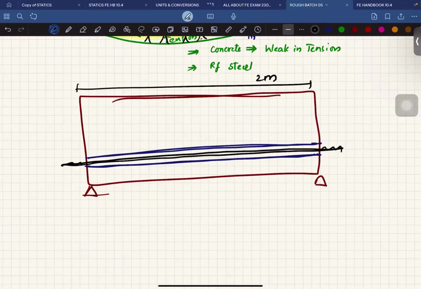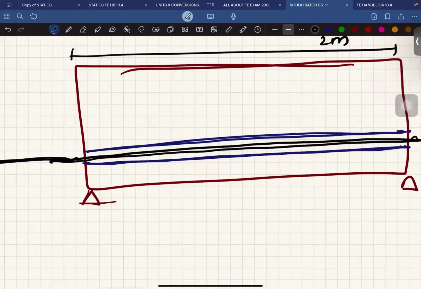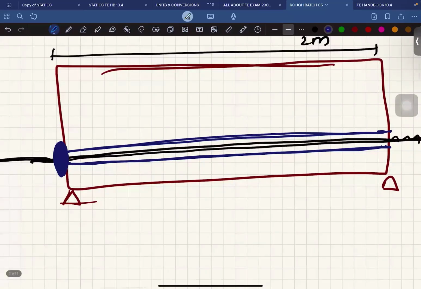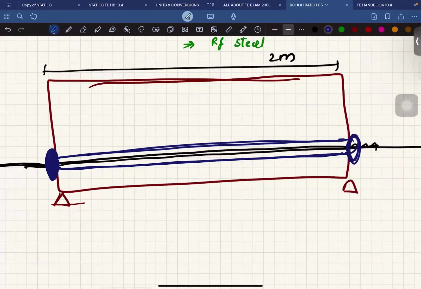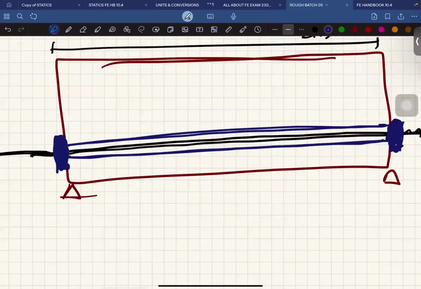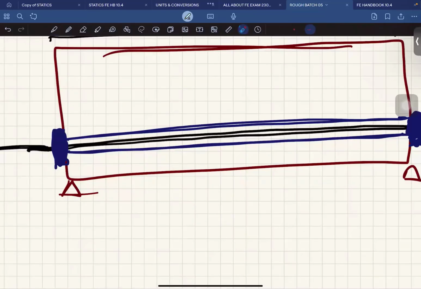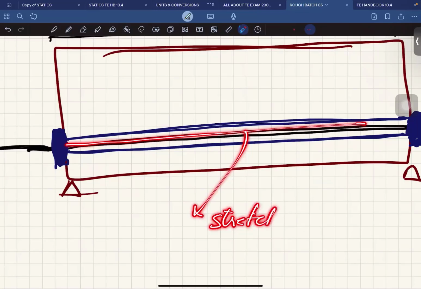Now pull this rubber band like this and then freeze it. When you freeze it here with some jacks, anchors or whatever, this rubber band is now in a stretched state, right? It is under stretching now.